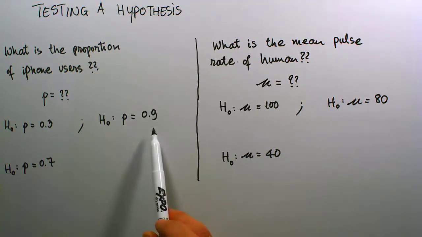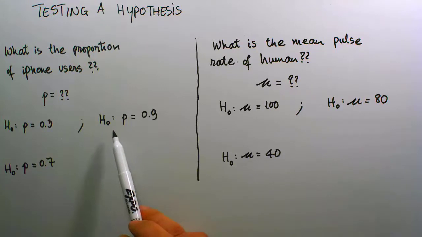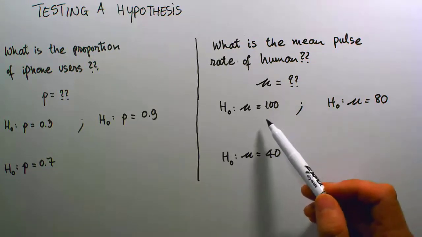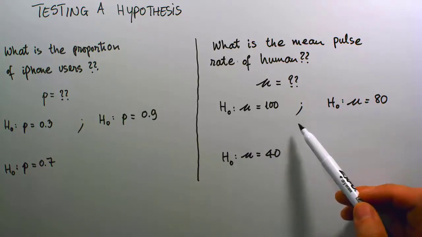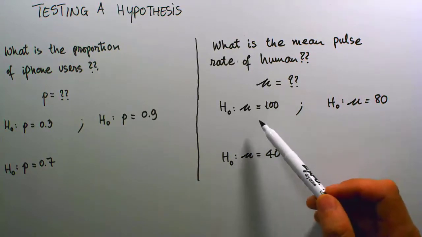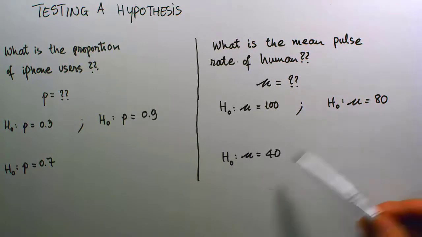Right from the start, we have no way to decide whether it's truthful or not, but if you want to find out, we have to conduct a test. The same goes for these null hypotheses on the mean value: we need to conduct testing to find out which one of these can be a truthful statement.